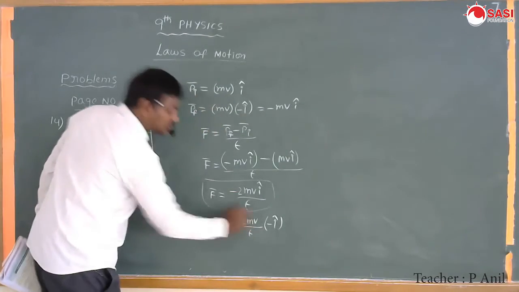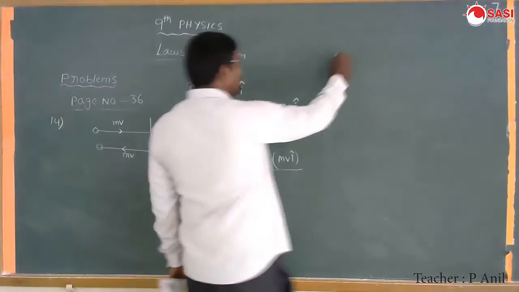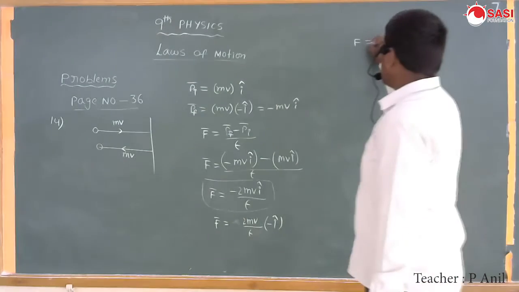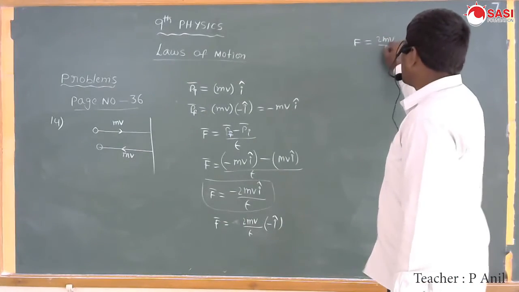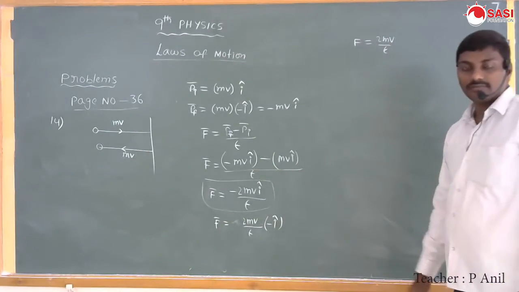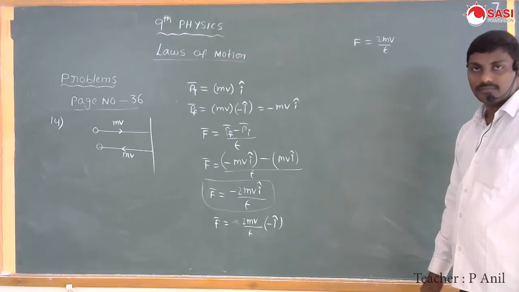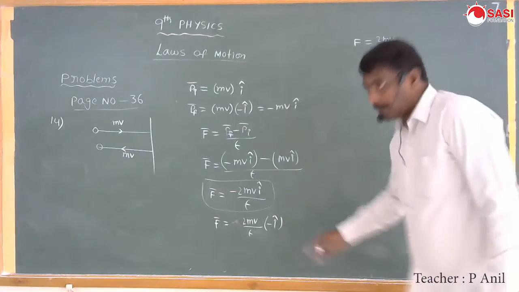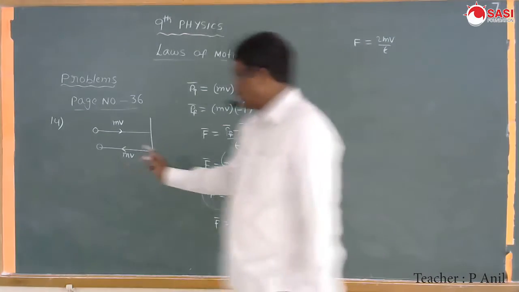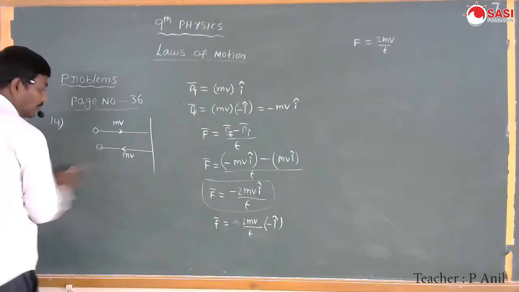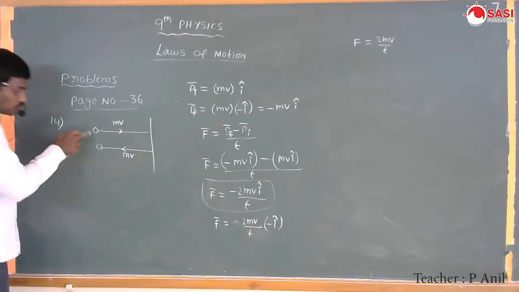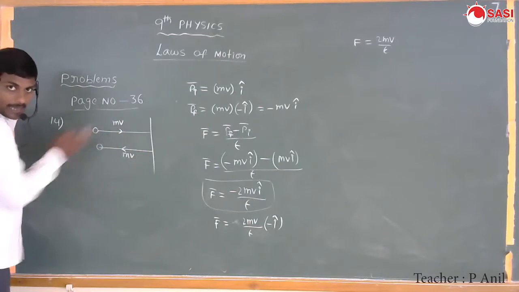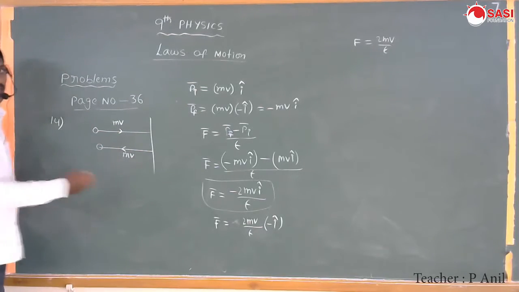This is the magnitude. What is the magnitude of force here? F is equal to 2 mv by t. In which direction does the force act? Clearly minus i cap. Towards the wall is plus i cap, and away from the wall is minus i cap.